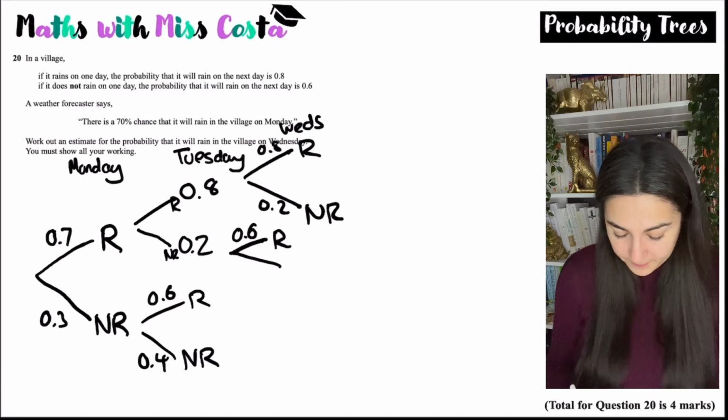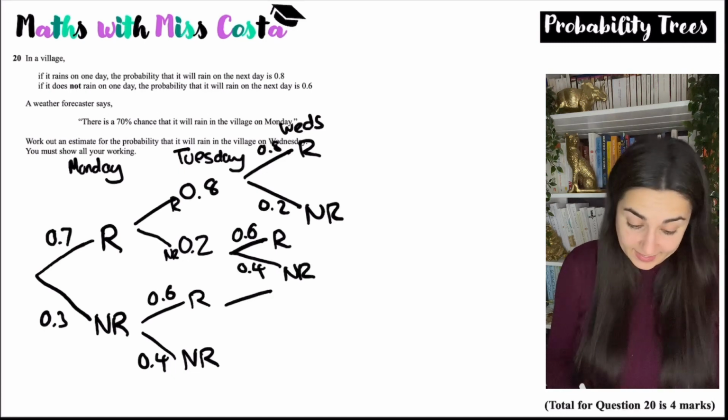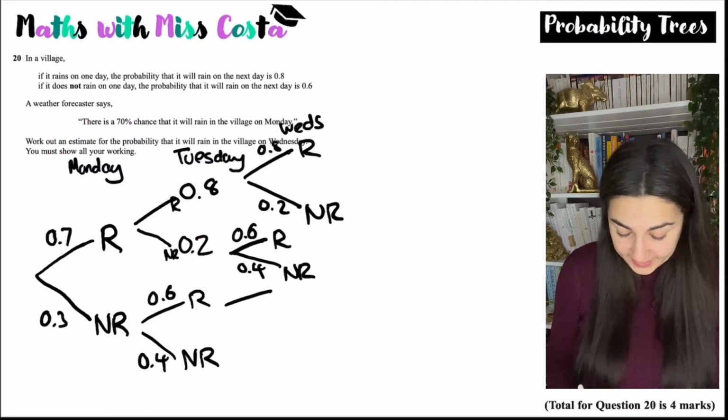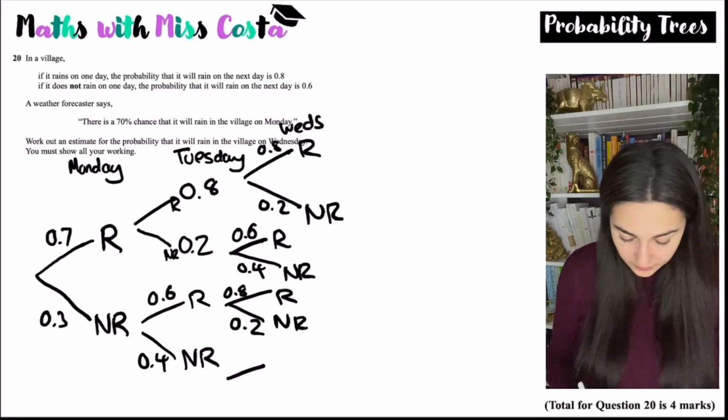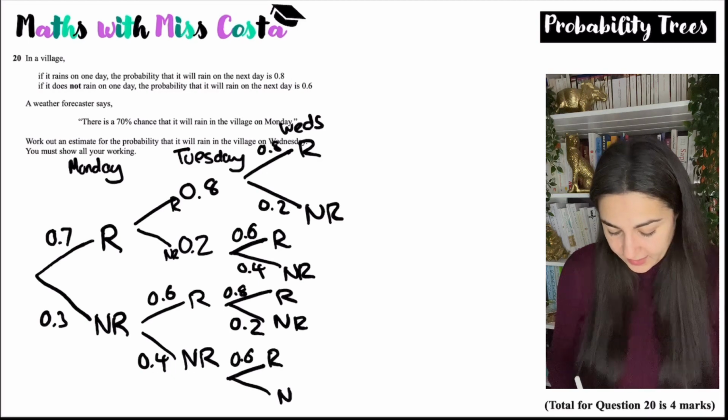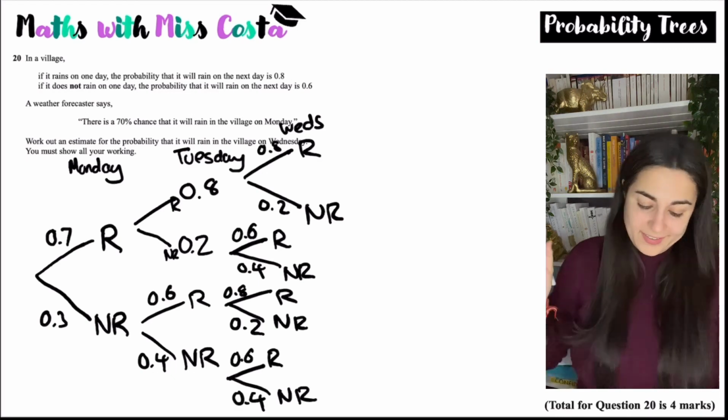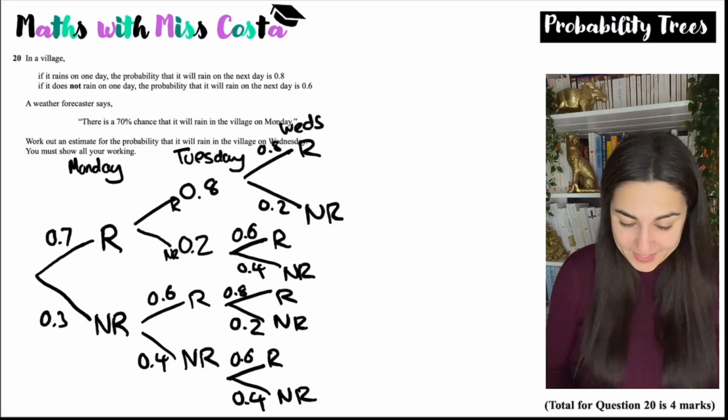So rain, not rain is 0.4. And again, the probability that it will rain the next day is 0.8. That's rain. Not rain would be 0.2. And if it didn't rain, then the probability that it will rain is 0.6, and not rain would be 0.4. So I've filled out my probability tree.